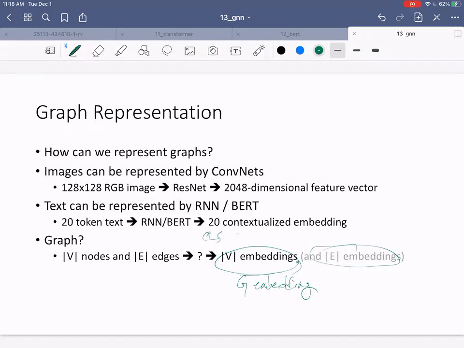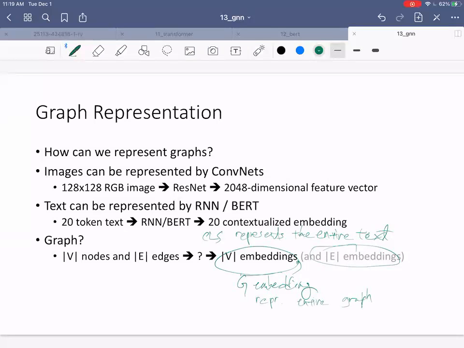The CLS embedding represents the entire text. In the same manner, the G embedding represents the entire graph. For example, if you want to do a graph level prediction, like the melting point of some chemical compound, or toxicity level of some chemical compound, or the effectiveness of a COVID-19 drug, that requires a graph level embedding.